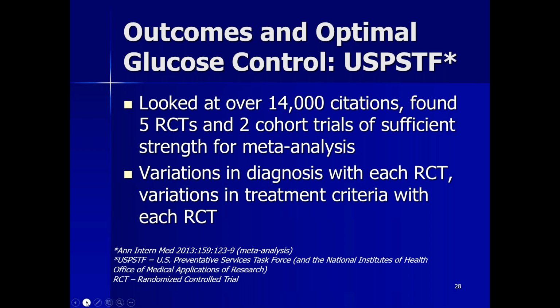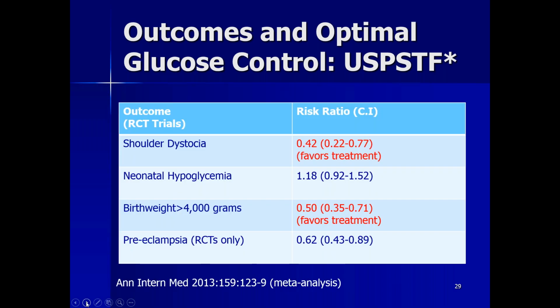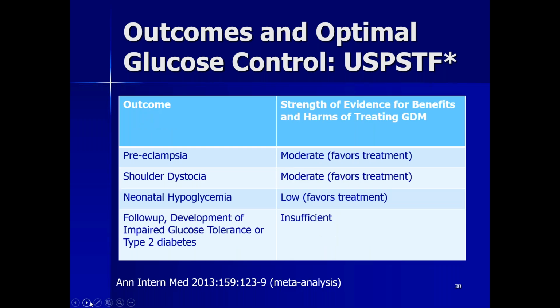So when I went to pull out data for you on this, I chose to look at what the randomized control trials were showing based on shoulder dystocia, neonatal hypoglycemia, birth weight, and preeclampsia rates there. And so what you can see there is that treatment very definitely decreased the risk for shoulder dystocia, decreased the risk for a large baby, but really didn't do a whole lot to prevent neonatal hypoglycemia or preeclampsia.